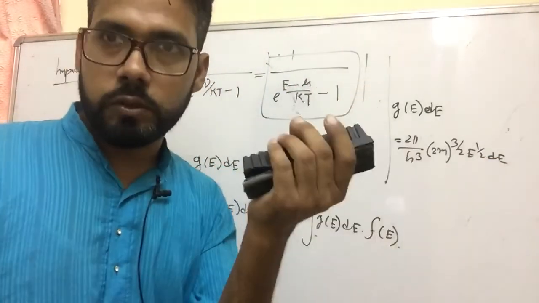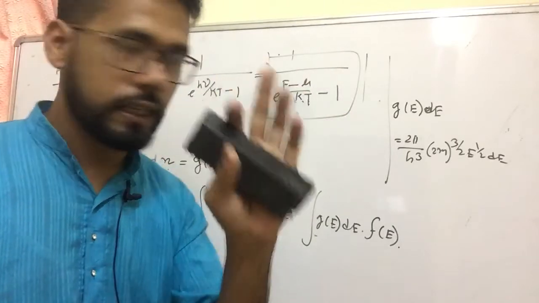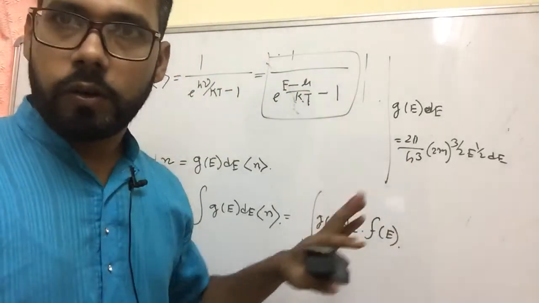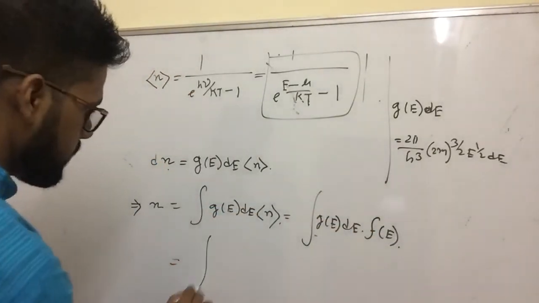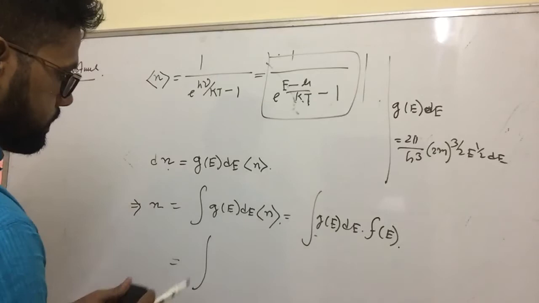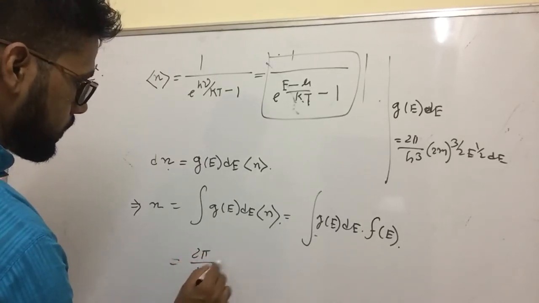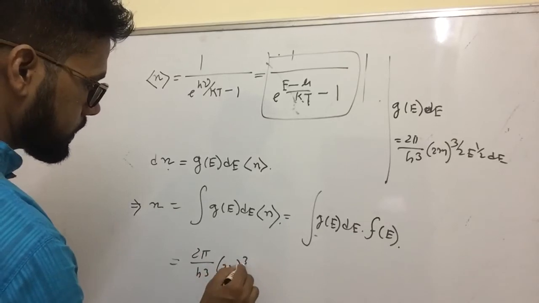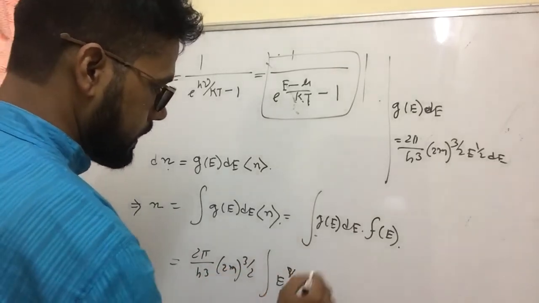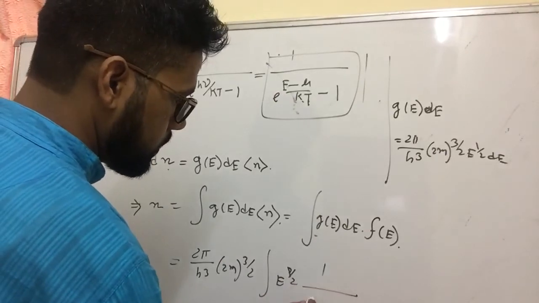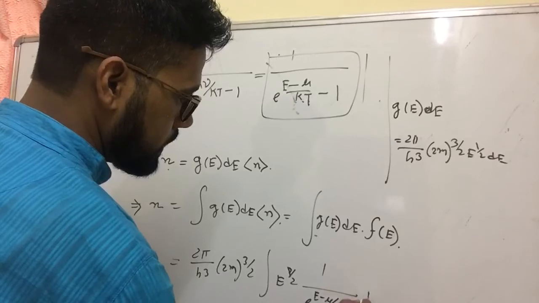Suppose this cube is considered as a semiconductor. Then it will be a fermion or classical particle. Then we have to replace the density function. So 2 is constant, h cube is constant, twice m to the power 3 by 2 is constant, integral E to the power half, and that Fermi function will be 1 by e to the power E minus mu by kt plus 1 dE.